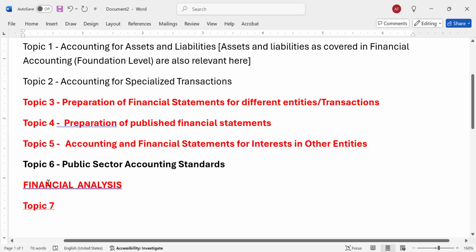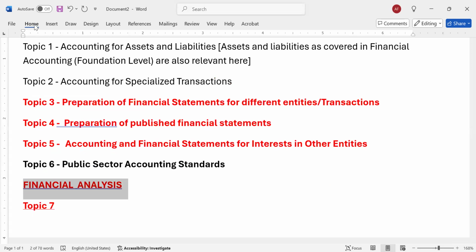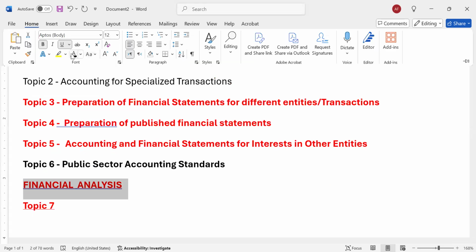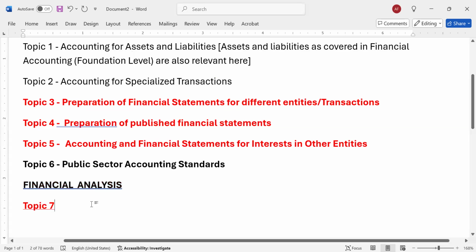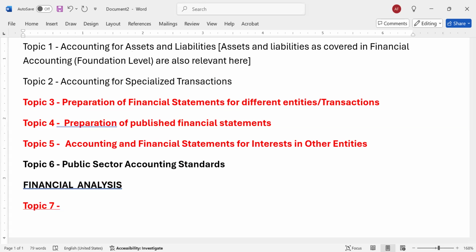And at this point, under topic number 7, we normally tend to talk about only two areas. First of all, we should understand that topic number 7 is about analyzing financial statements.